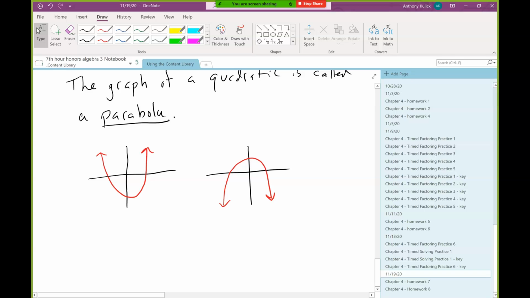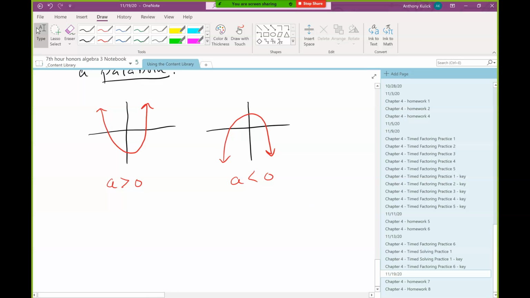And it's easy to identify whether these quadratics are going to open up or open down, because it's all just based on the sign of that a value.